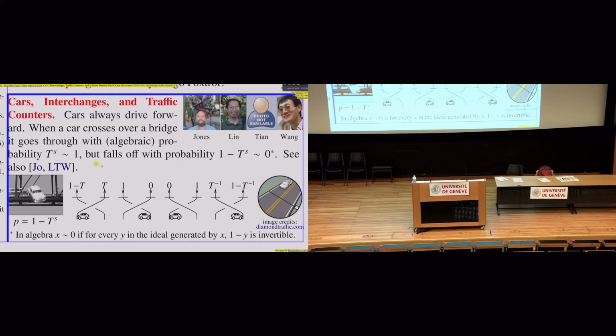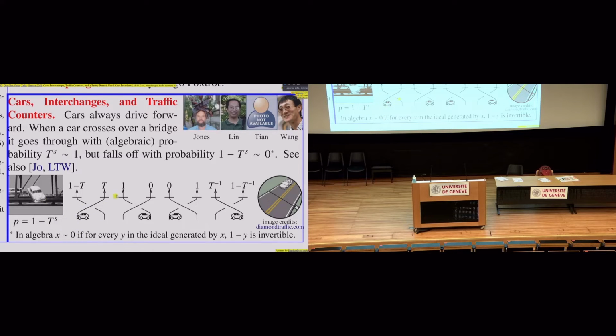When it crosses over a crossing, so when it goes on the upper strand, then with probability 1 minus t to the s, where t is some number close to 1, so with probability close to 0, it falls down, and with probability t to the s, it continues.